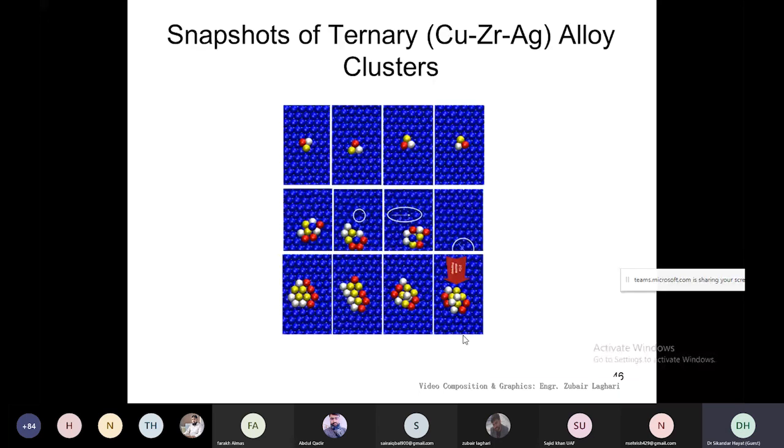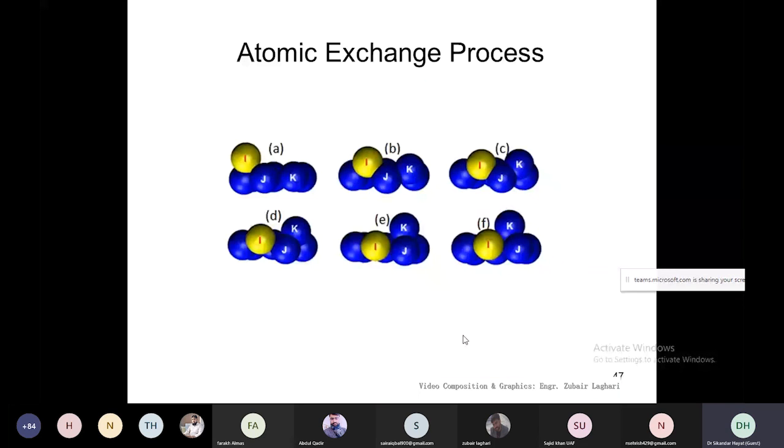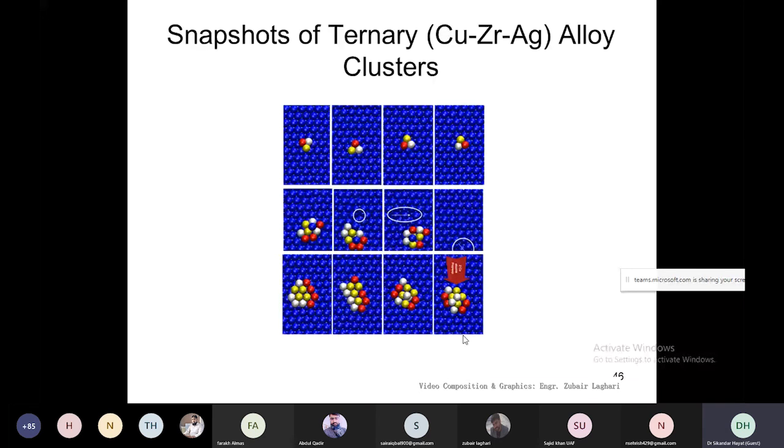Blue colored atoms are right now part of the island. This is the atomic exchange process here, which was seen in the previous one, how a surface silver atom becomes part of the island, while on the other side the island atom becomes part of the surface.